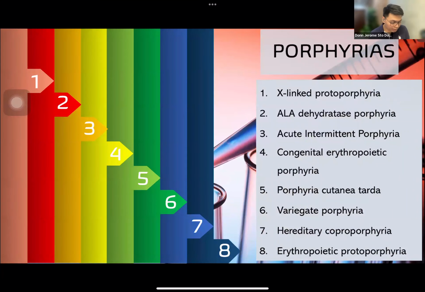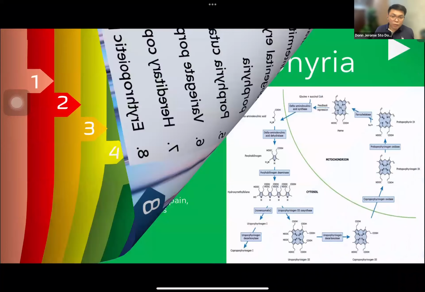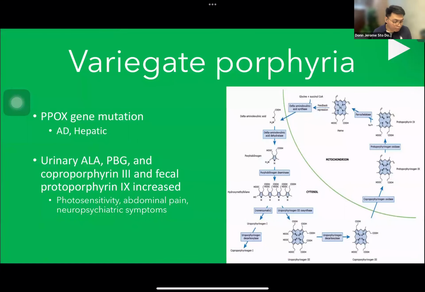Okay. Next is your variegate porphyria. In variegate porphyria, the problem here is in your protoporphyrinogen oxidase. This is inherited in an autosomal dominant manner, primarily affecting the liver.